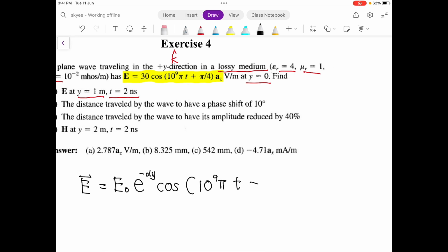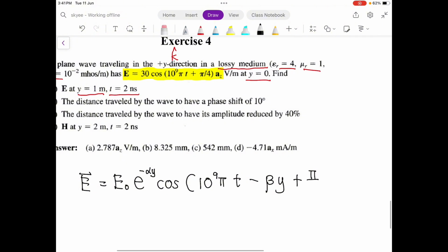And usually we will have beta, the phase constant, with the direction of propagation, and in the question we see there is a phase of pi over 4, in the z direction. When y equals 0, these terms will be gone.